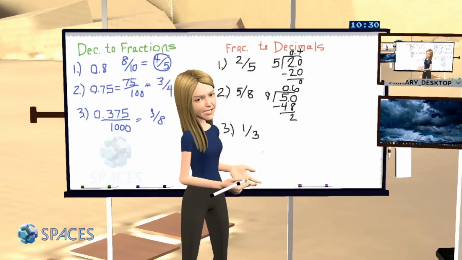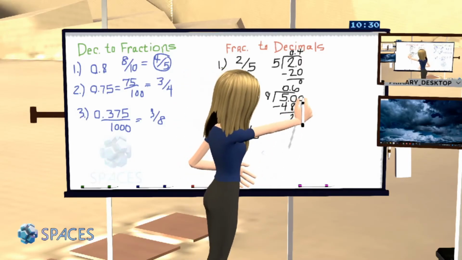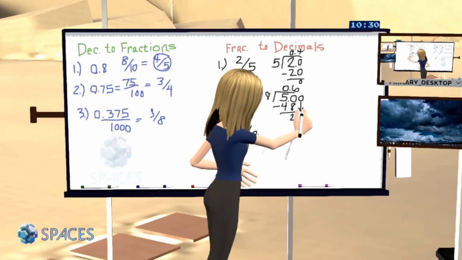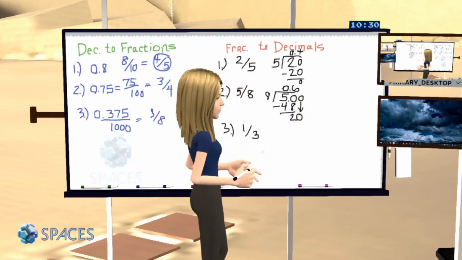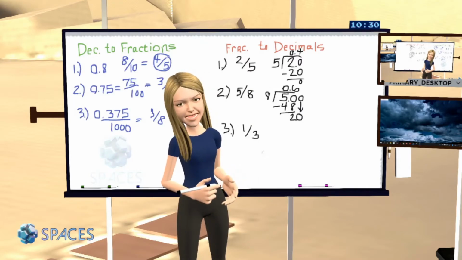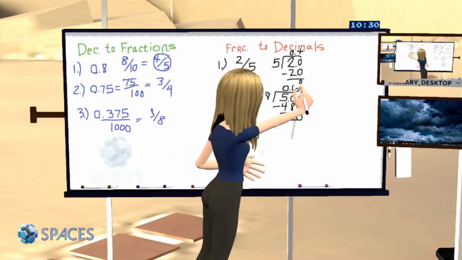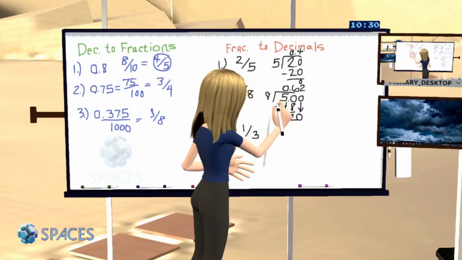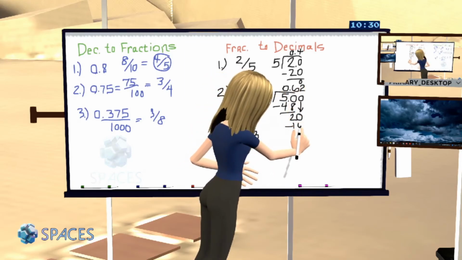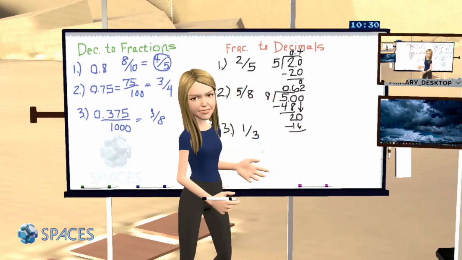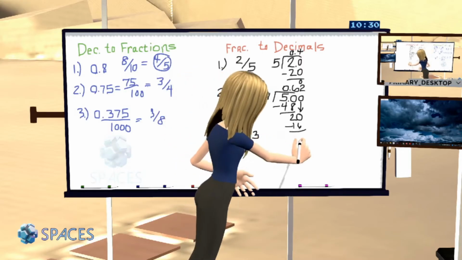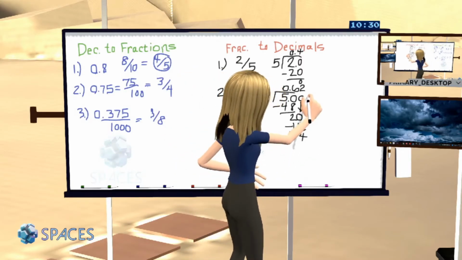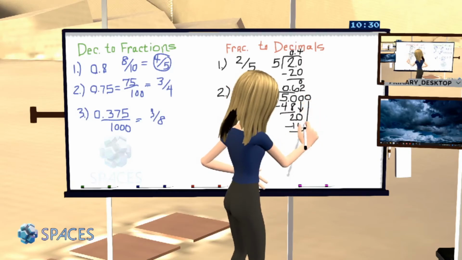We have to keep going. Again, a number we can add here is 0. Bring it down. 8 goes into 20. How many times? Good, just 2. 2 times 8 is 16. 20 minus 16, we have 4. All right, we need another 0. Bring it down.